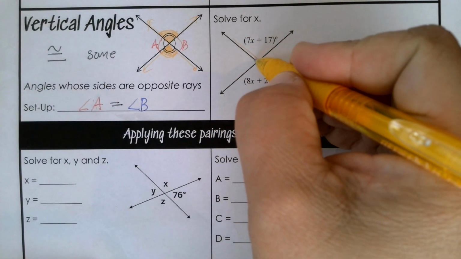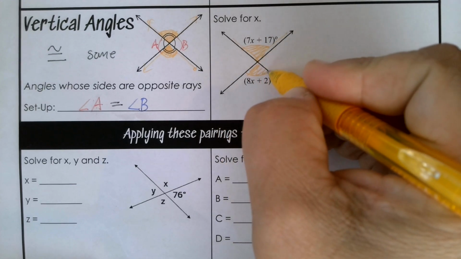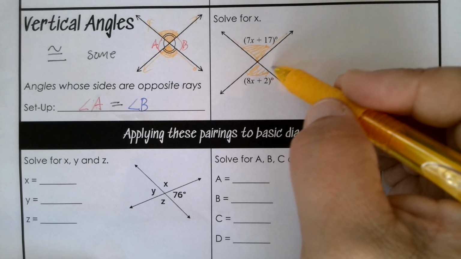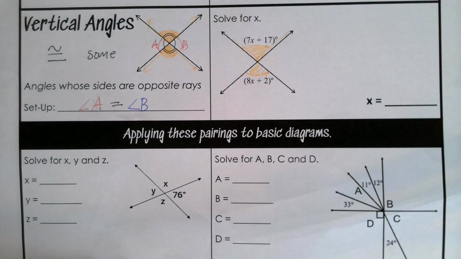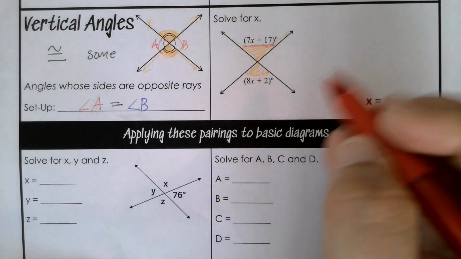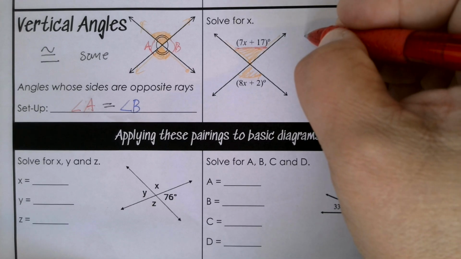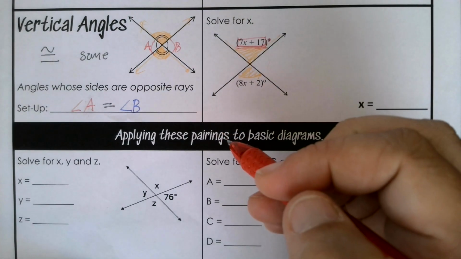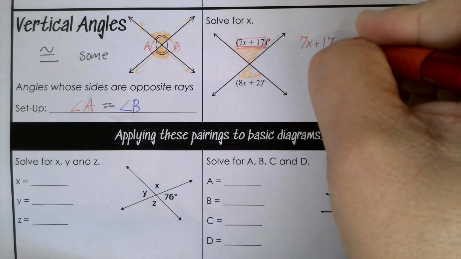Okay, so let's take a look at an example. Here we have two pieces of pie. If I wanted to get from the top pie to the pie over here, I have to go through some empty space, so they must be opposite. Okay, that means our setup is that our top angle, angle A, is equal to angle B. So I take this whole thing, this entire amount is how much angle A is. 7x plus 17.